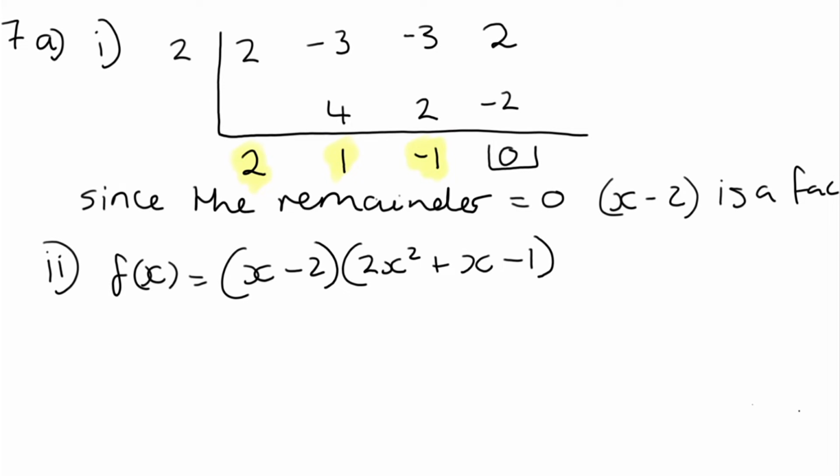And then fully factorize. Sometimes you cannot simplify this bracket down, but we can, so make sure you do that. Okay, it's going to be a 2x minus 1 and an x plus 1. And that's us fully factorized.